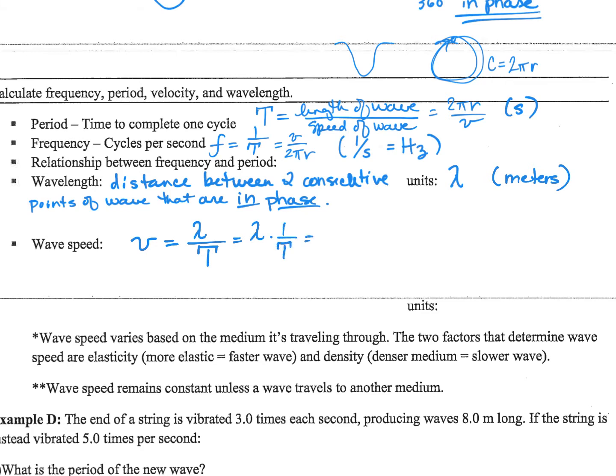Well, 1 over t is just frequency, isn't it? So your wave speed is the frequency times the wavelength. This guy right here is the most important formula that you'll use out of this. And velocity's units are meters per second, aren't they?